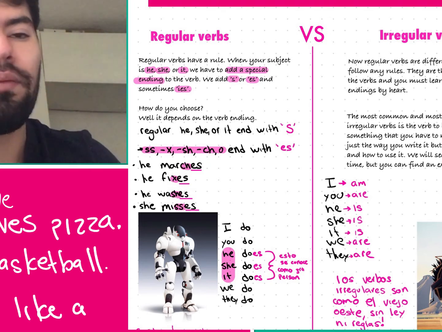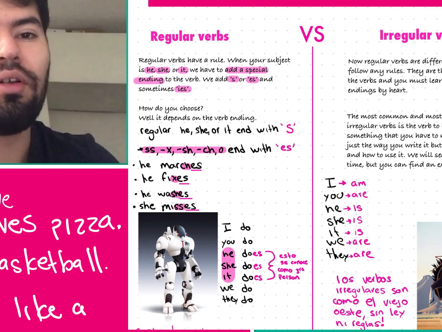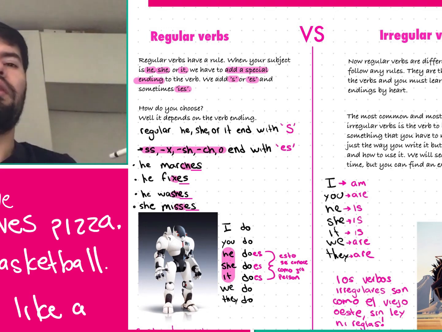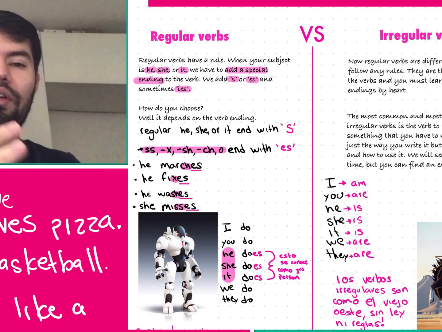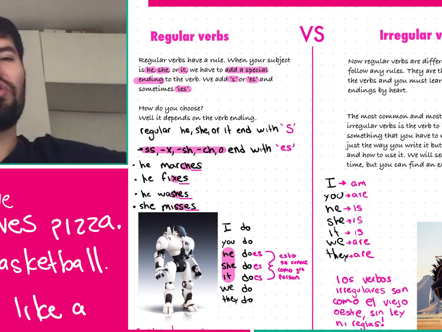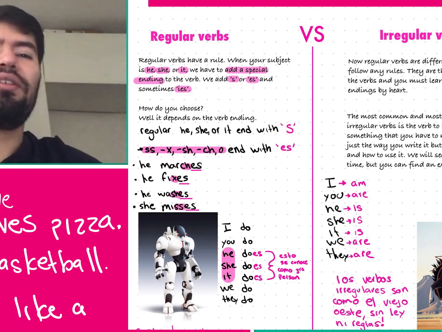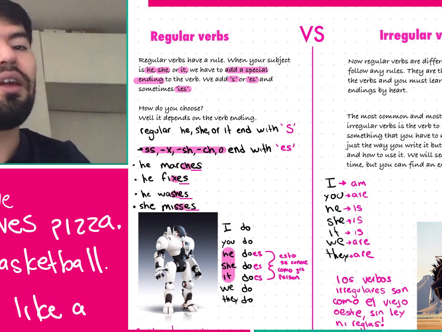The next one, fix. If you guys saw the movie Ralph el Demoledor, there is a character in that movie called Felix. Fix it Felix. His power was to hit anything with a hammer and it would instantly be fixed. So fix is arreglar.